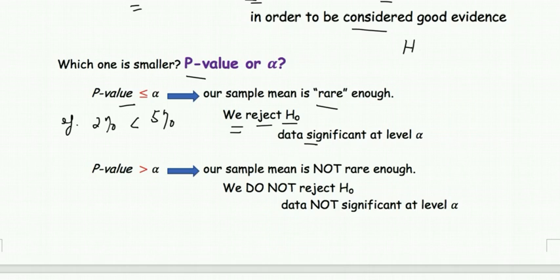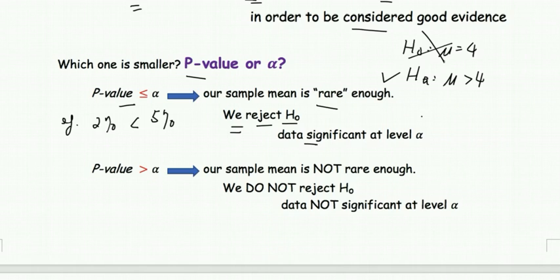Now, recall that we have two hypotheses. So let's use our example again. So mu is 4. Mu is bigger than 4. So when p is smaller than alpha, you reject the null. You're saying that the null is not true anymore. So you take the alternative hypothesis. So you say data are significant.